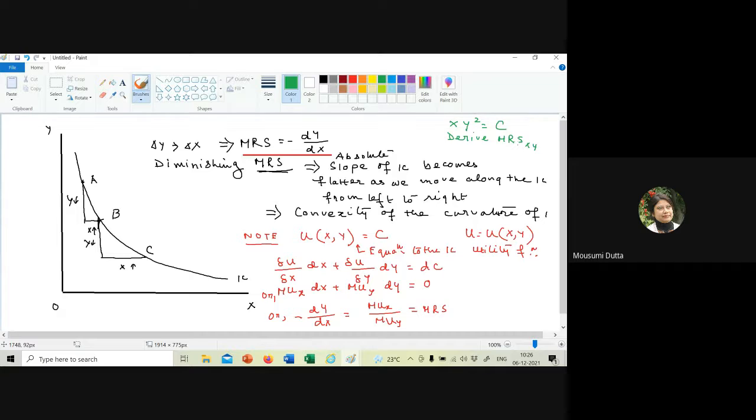What will be the value of ∂u/∂x? Y squared. Everybody is understanding? ∂u/∂x will be y² only.